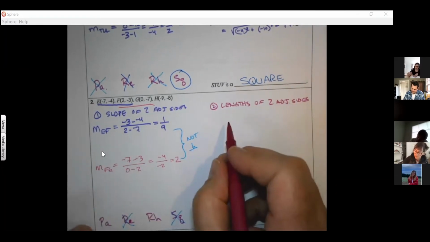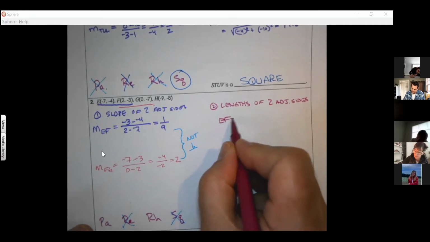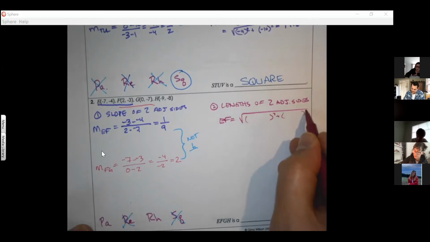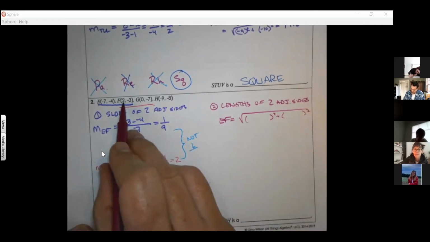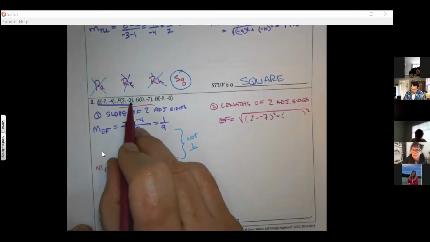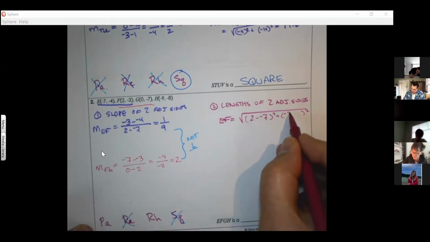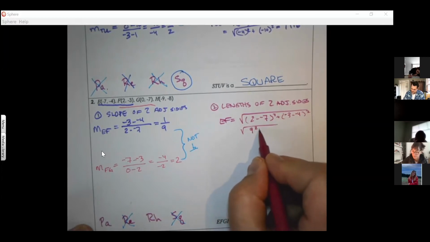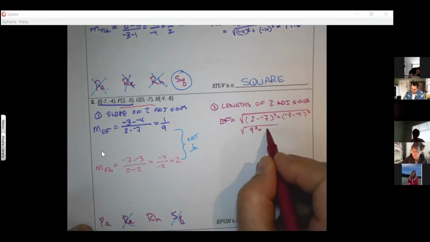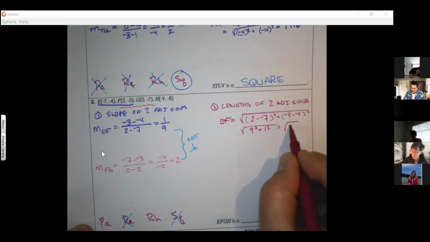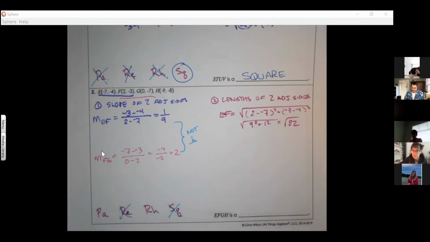Choose the same side, so I'll say EF. Can use my distance formula. So x minus x, 2 minus -7, y minus y, -3 minus -4. That's 9 squared plus 1 squared. 81 plus 1 is square root of 82. I'm just going to leave it like that.